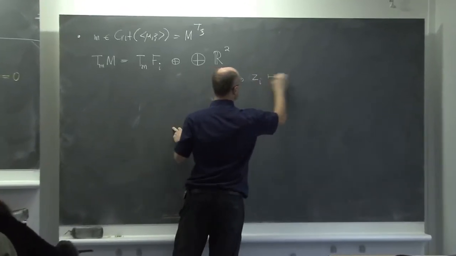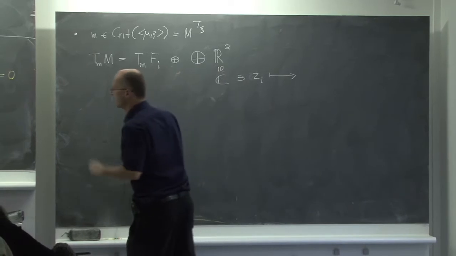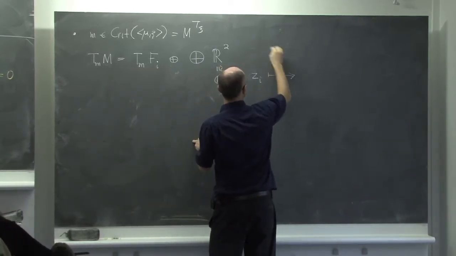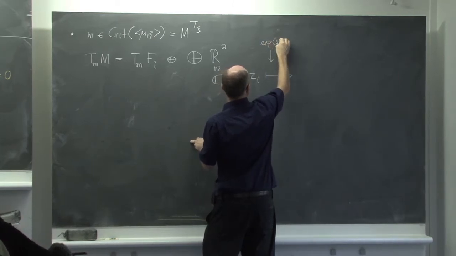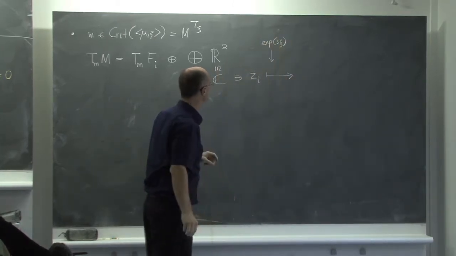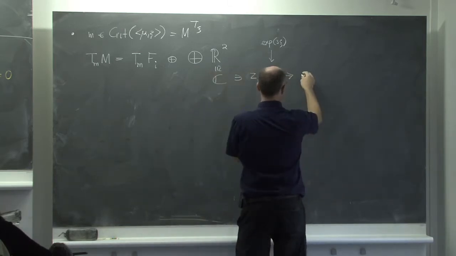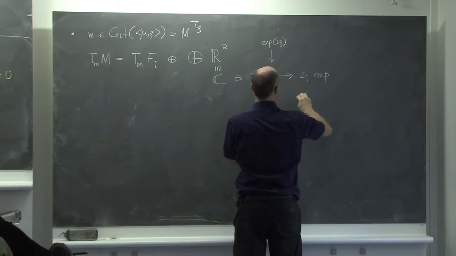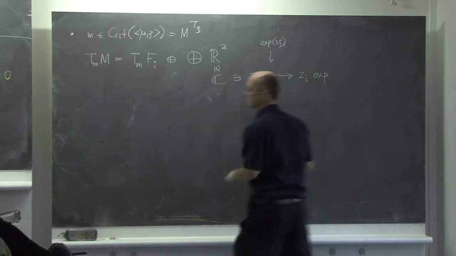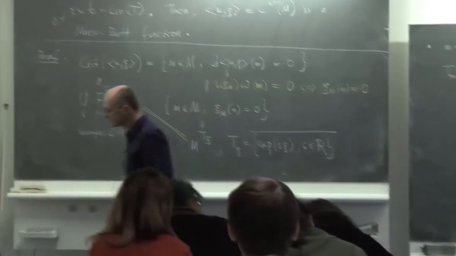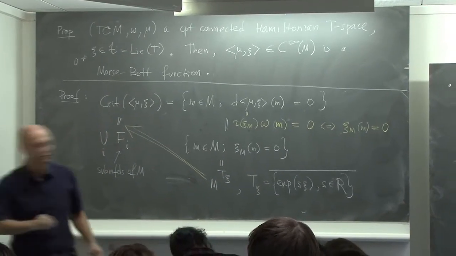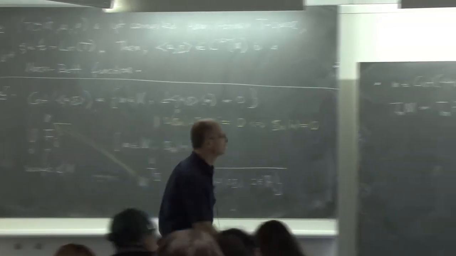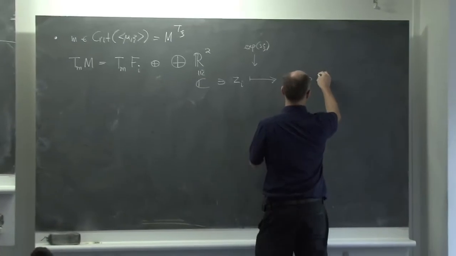So z_i will be mapped by what? If we choose here this exponential of s psi acting, so what will it be? This will be z_i times exponential, and here, what should I say? Right. This will be something like this.